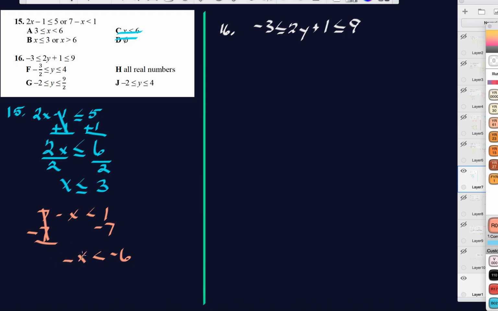Oh, we have a negative x. We're going to multiply or divide by negative 1. Divide by negative 1. And now this inequality symbol turns around, right? So it's x is greater than 6.